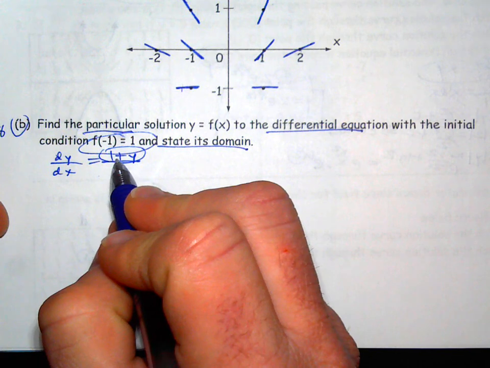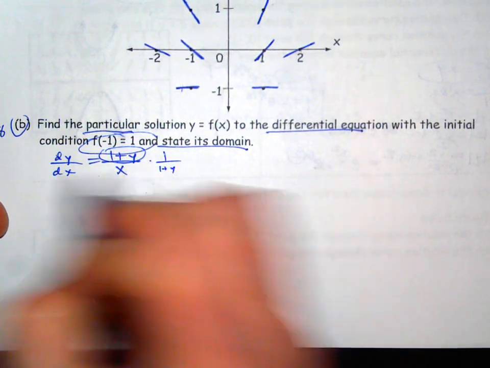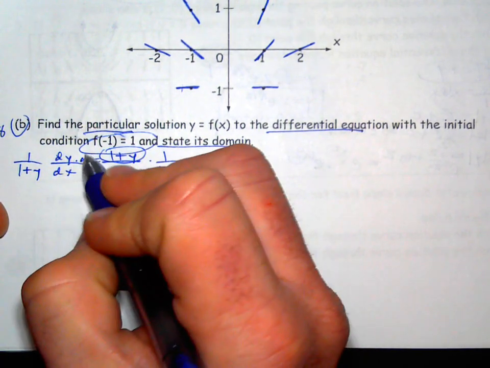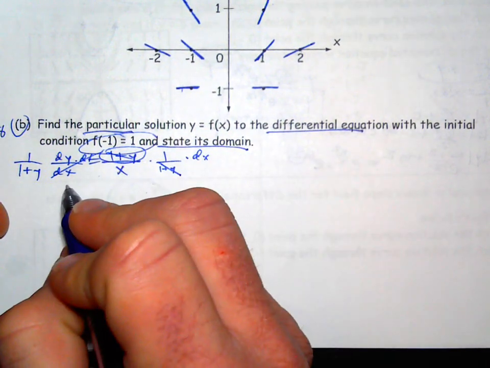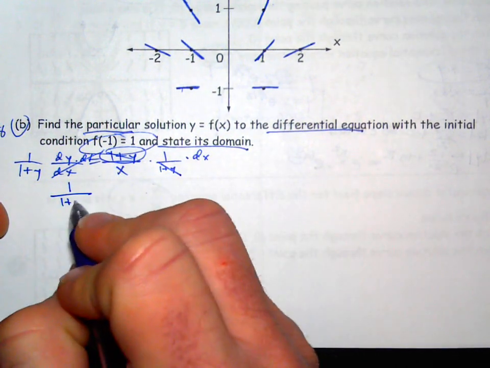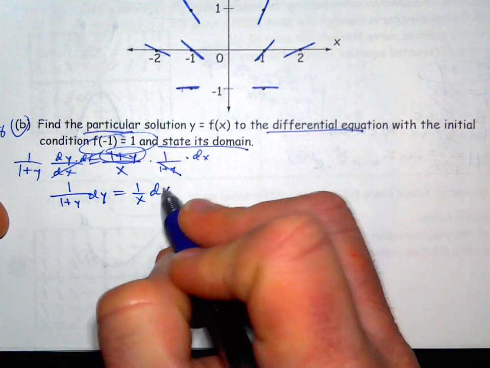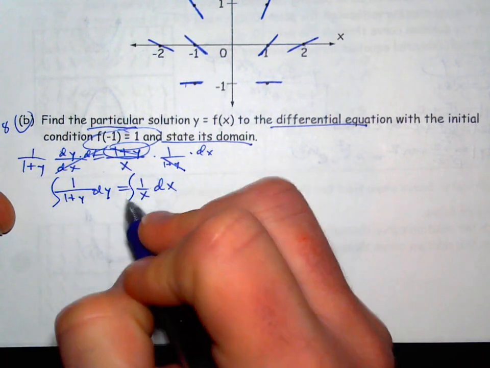You can't like subtract the y. So we're going to multiply both sides by 1 over 1 plus y. I usually do this in my head, but you can write it. We're going to get rid of the dx by multiplying by dx. And so we have 1 over 1 plus y dy equals 1 over x dx. So that's separating the variables. That's worth 1 point out of 9 on free response problems.